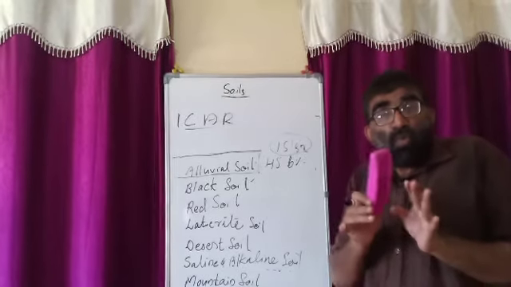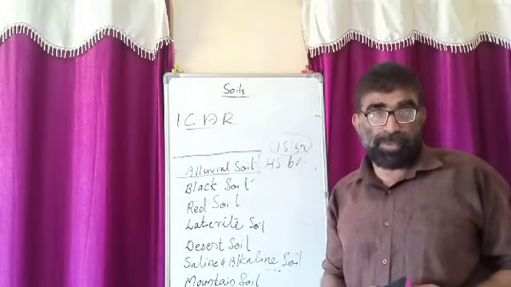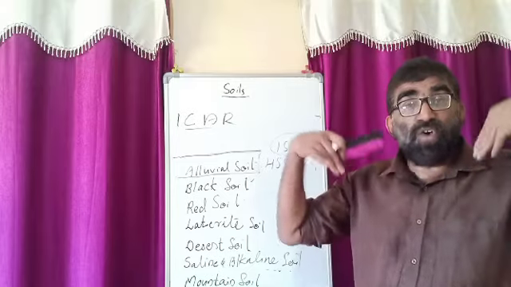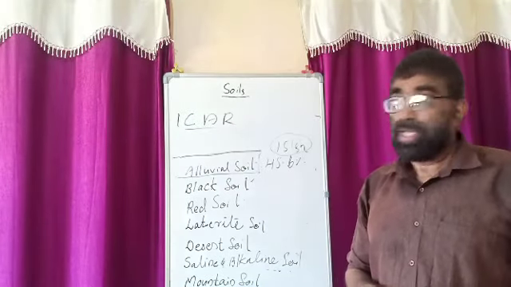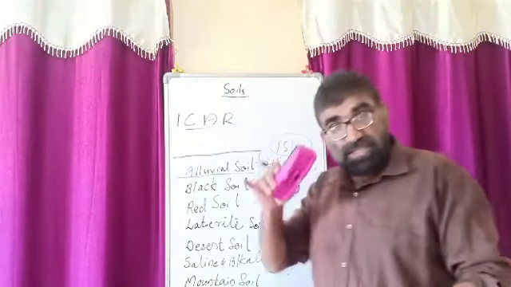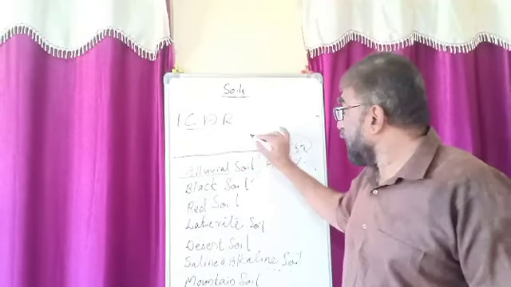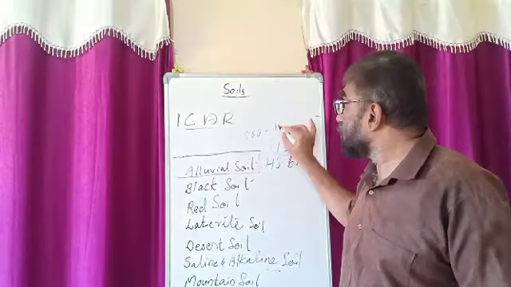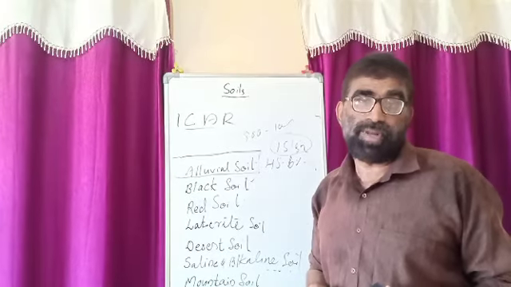Alluvial soil is widely transported soil, and here in India it is thick, and its thickness varies from 500 meters to 1000 meters in the northern plain.